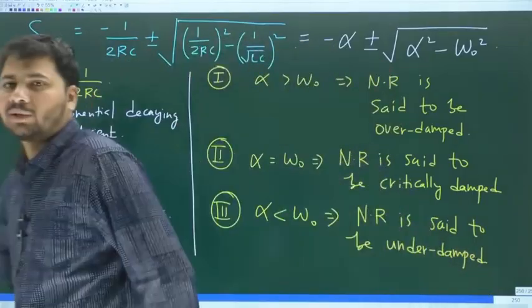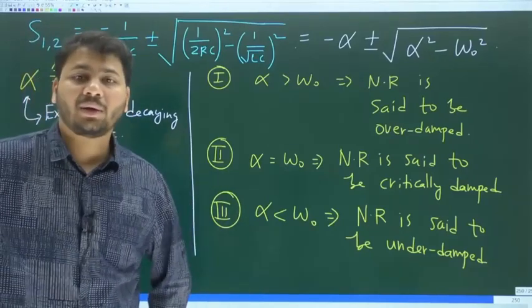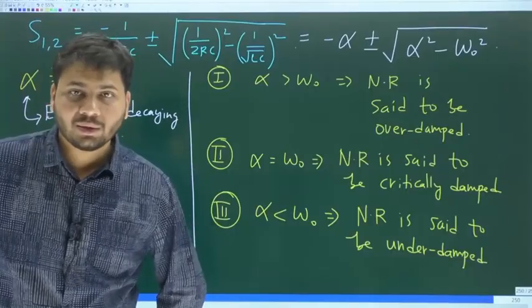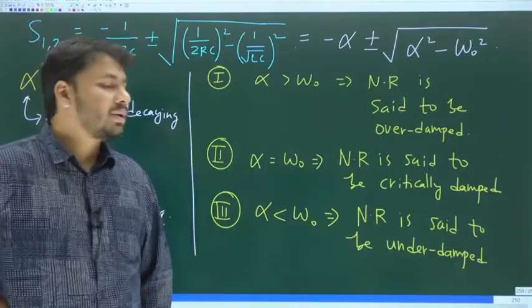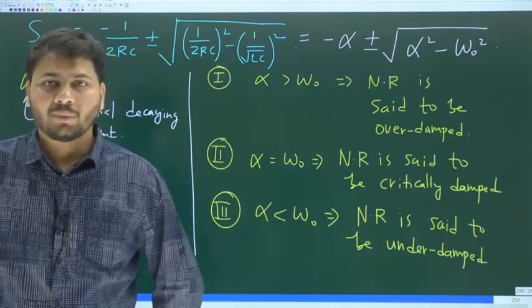That's all. In any second order circuit, these are the three types of natural responses one can expect.